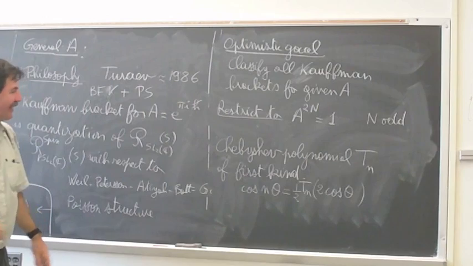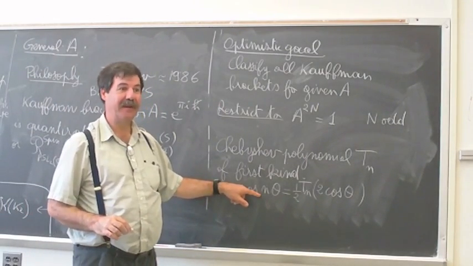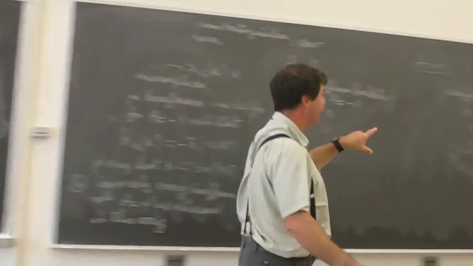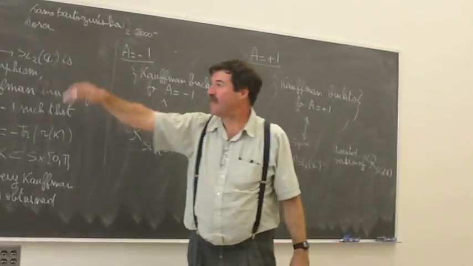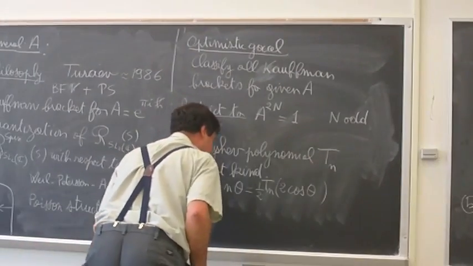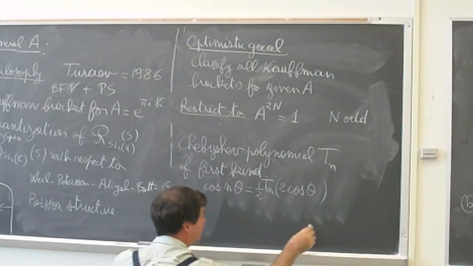So it's a little unclear why this trigonometric formula would have anything to do with either the character varieties which I have there, or the Kauffman brackets over there. So here is a hint. There is an equivalent formulation of the Chebyshev polynomial, which is the following.